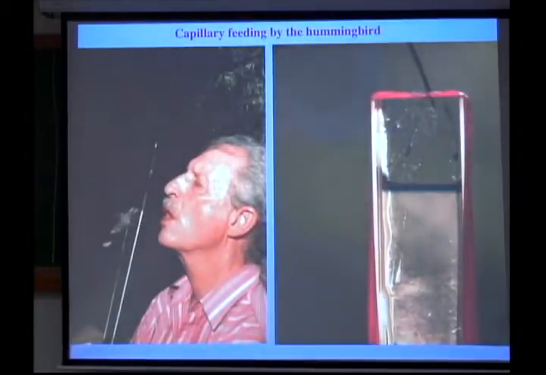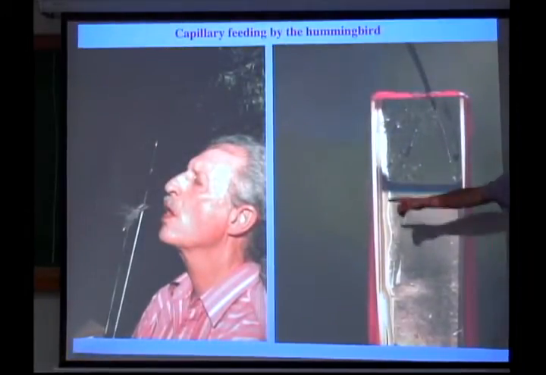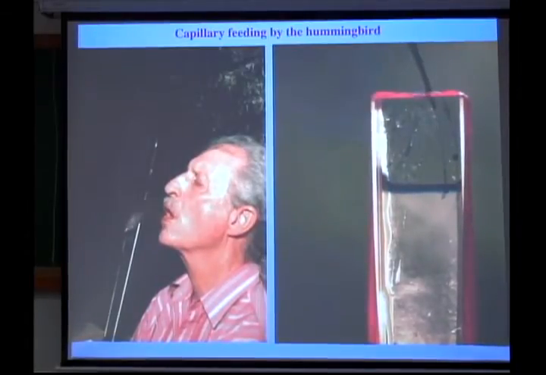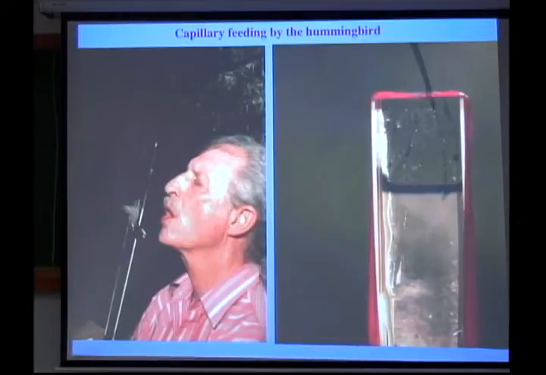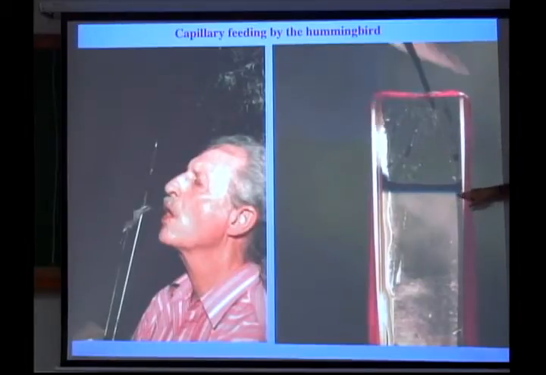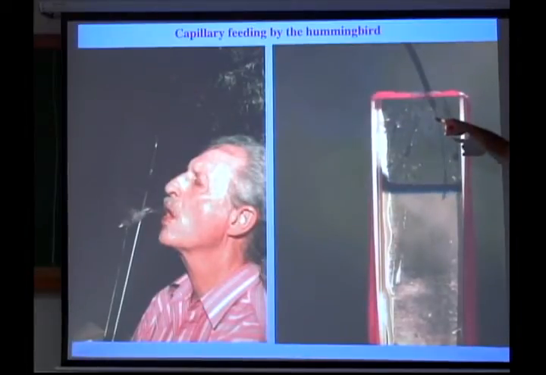So this is the hummingbird. This is Sherbrooke, who's a friend of ours. He's very comfortable with the hummingbirds. But you can see on the right, so watch the tongue. There's dye here. You see the dye shoot up, right?